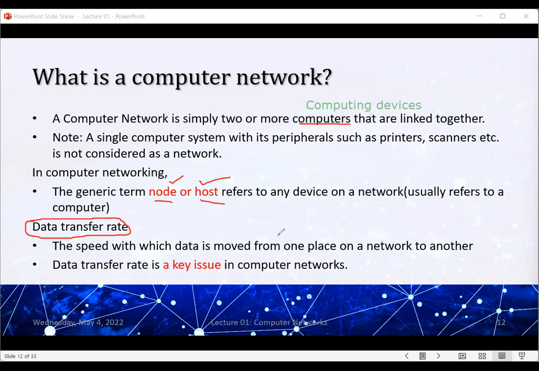That is the reason actually. The speed, we call it the data transfer rate. The speed at which the data is moving from one place to another place. We call it the data transfer rate.